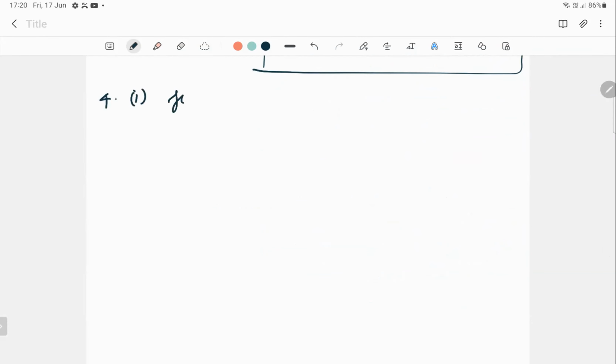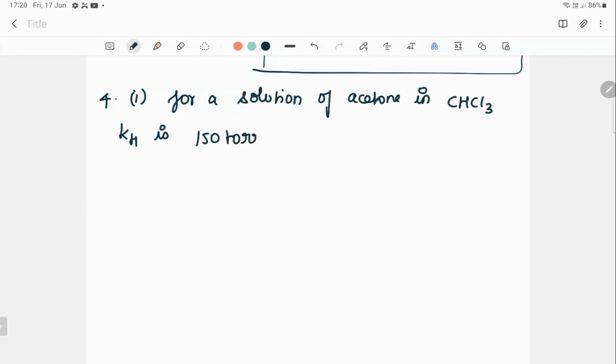For a solution of acetone in chloroform, CHCl3, the Henry law constant is 150 torr at temperature 300 Kelvin.